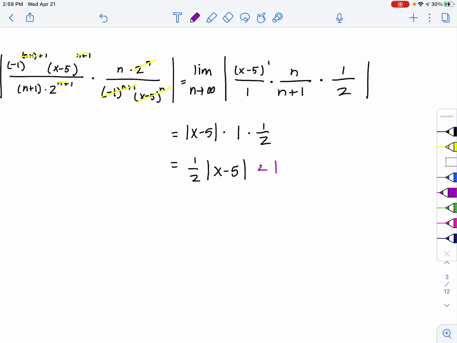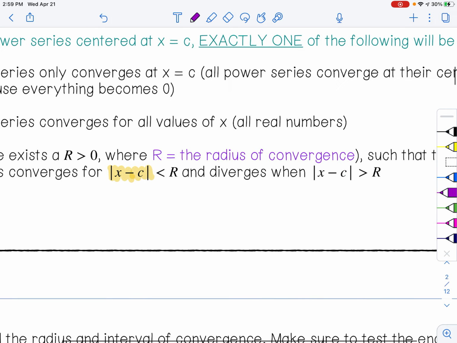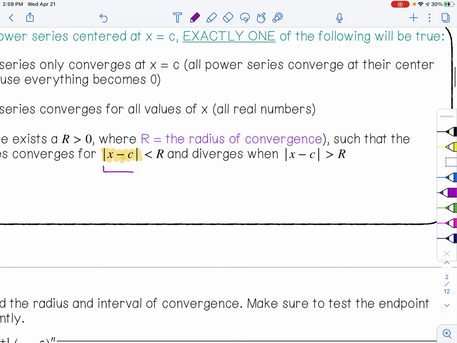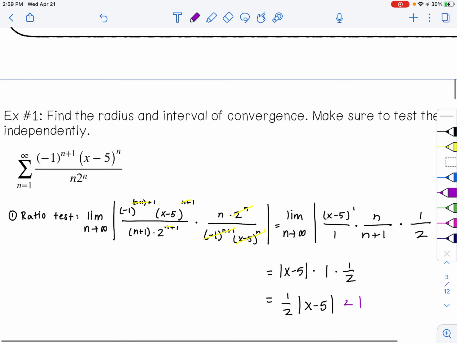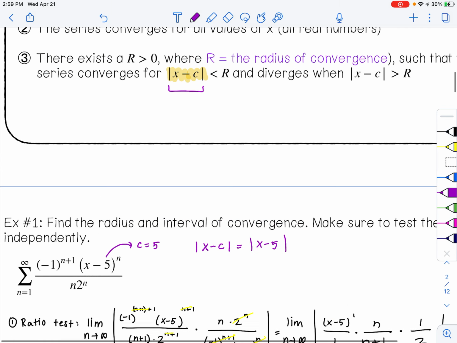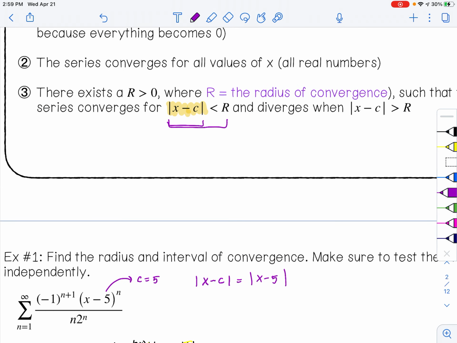So if we think back to what we just said about our true statements, the radius of convergence, we have x minus c here. So in this case, our c value is 5. The absolute value of x minus c is the same thing as the absolute value of x minus 5. So we want to get that alone. So we want this whole statement to kind of pop out in our solving for the ratio test.